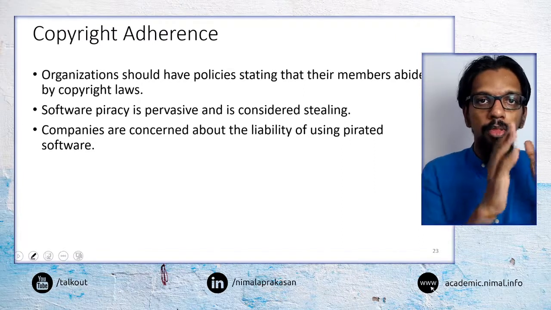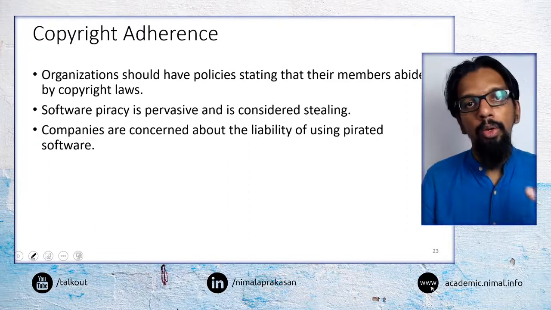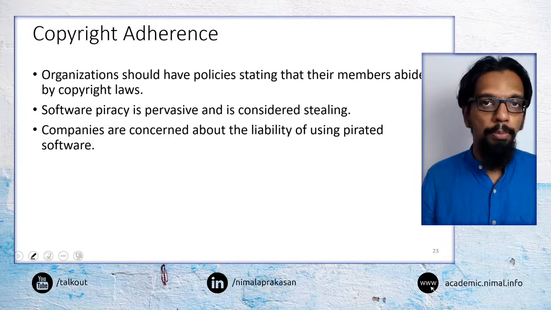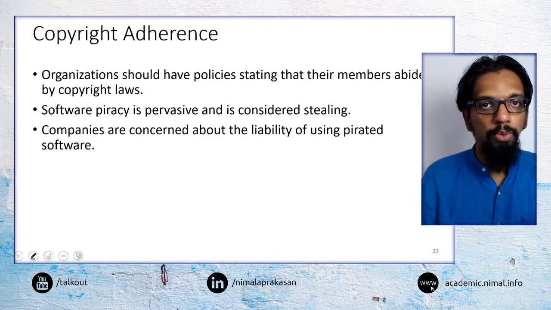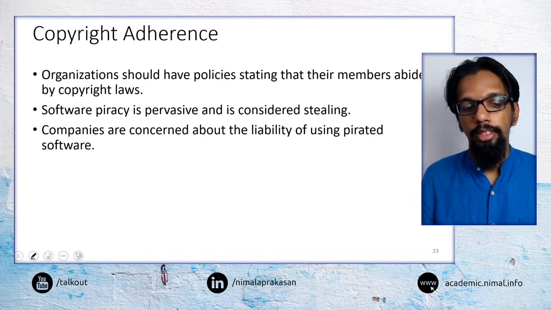So only having approved software in work computers and knowing what those approved software are, who the vendors with licenses are, having proper security updates and so on. So that is also going to be one of the reasons why we would want to go for legal copyrighted software with licenses.